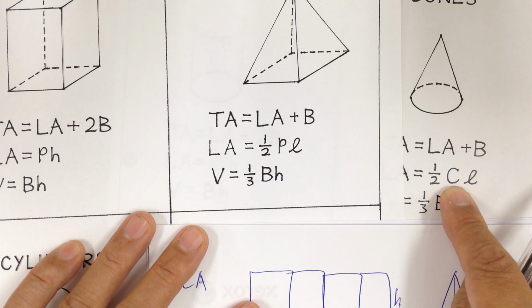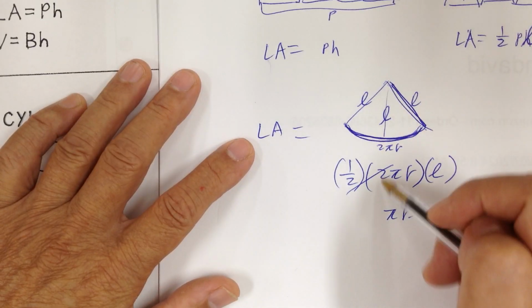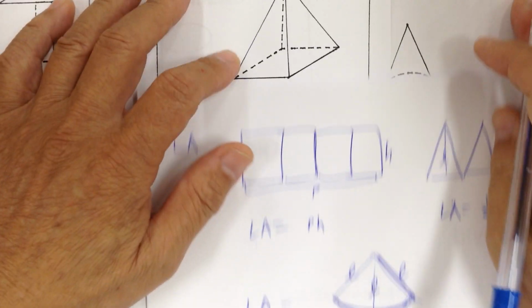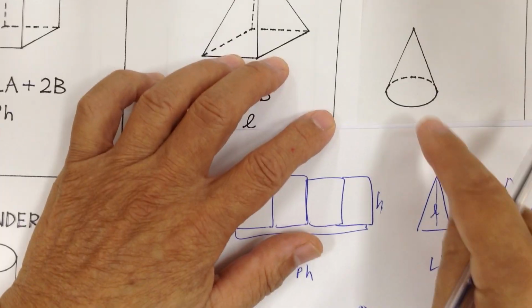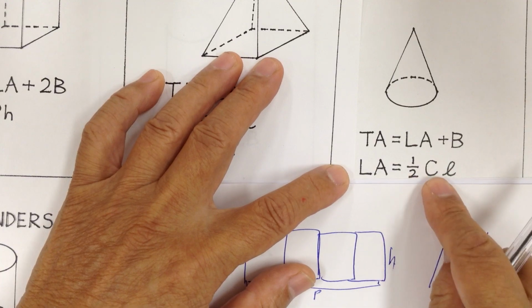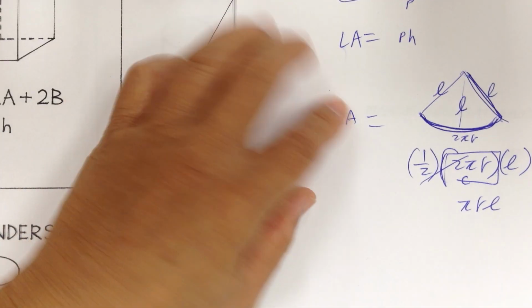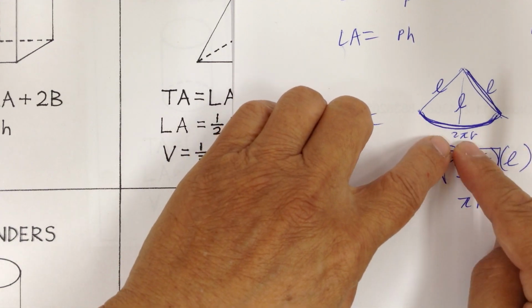C is the circumference, so this is your C right over here. Basically, you have 1/2 base times height. When you open it up, the base is 2 pi r. That's the circumference.